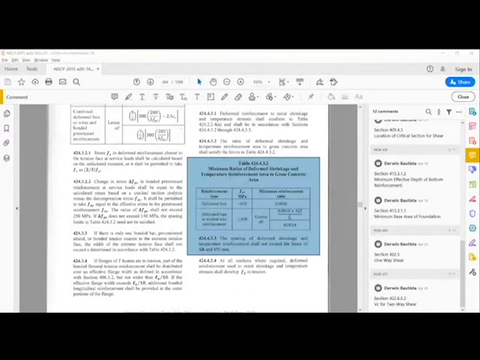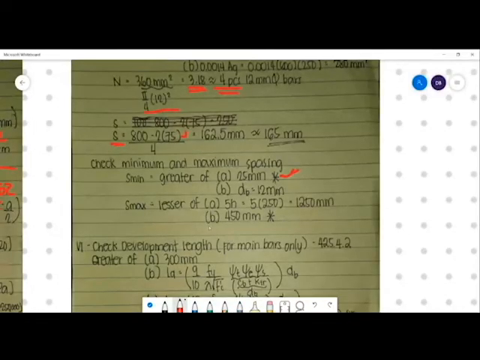So ang h natin pala dito is the thickness, yung thickness na computed natin. Okay? So 5h, 5 times 250, is equal to 1,250, and then 450. Within 450 millimeters, so pasok naman siya. Pasok naman yung computed spacing natin.